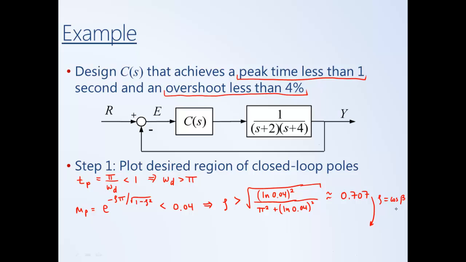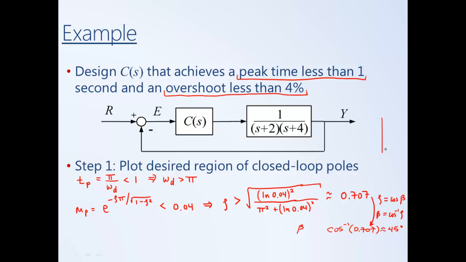So if we wanted to solve for beta, beta is equal to the inverse cosine of zeta, where the inverse cosine of 0.707 is approximately 45 degrees. And again, you may have a little bit of trouble determining the direction of the inequality. If you wanted to, you could always graph this cosine and get a sense of what value of beta would satisfy the inequality that zeta be greater than 0.707.